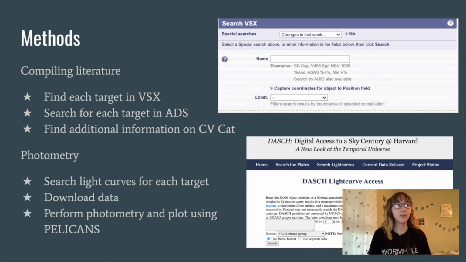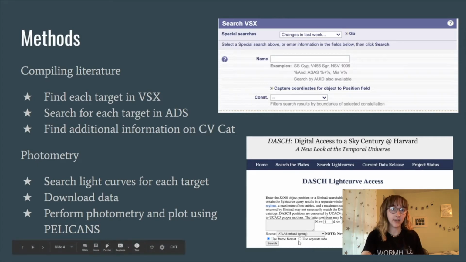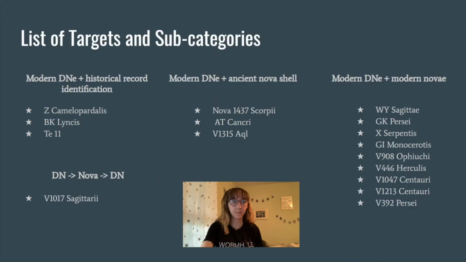And for photometry, we searched light curves for each target, like I said, on DASH, downloaded the data and performed photometry and plot using Pelicans, which was designed for this project last summer. And on the right, you can see the VSX search engine and the DASH light curve search engine.